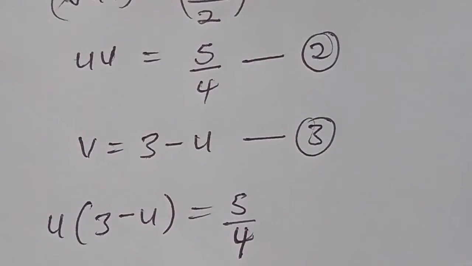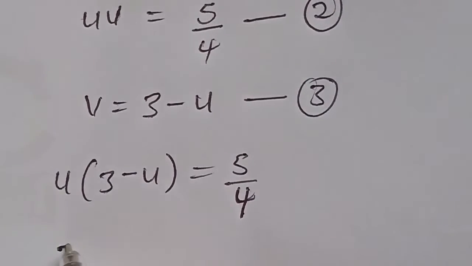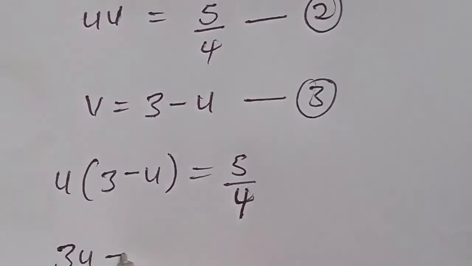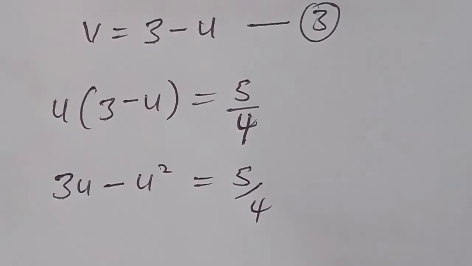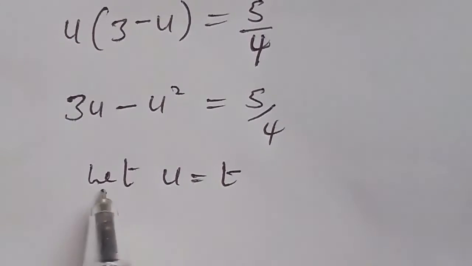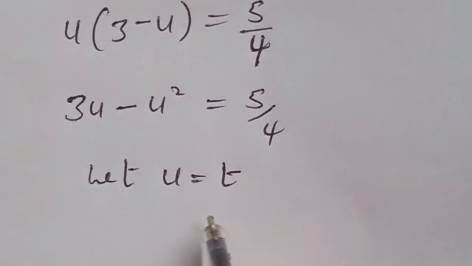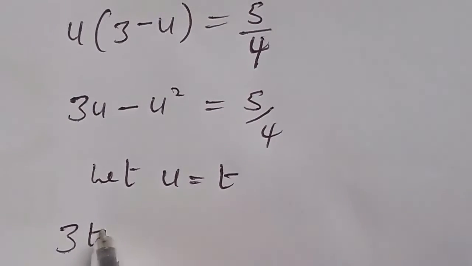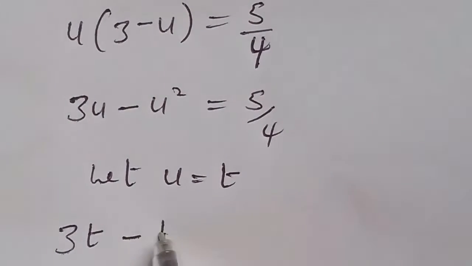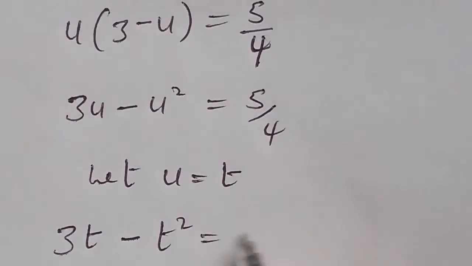So we expand the left hand side. We have 3u minus u squared equal to 5 over 4. So let u be equal to t. So the expression is now transformed to 3t minus t squared equal to 5 over 4.